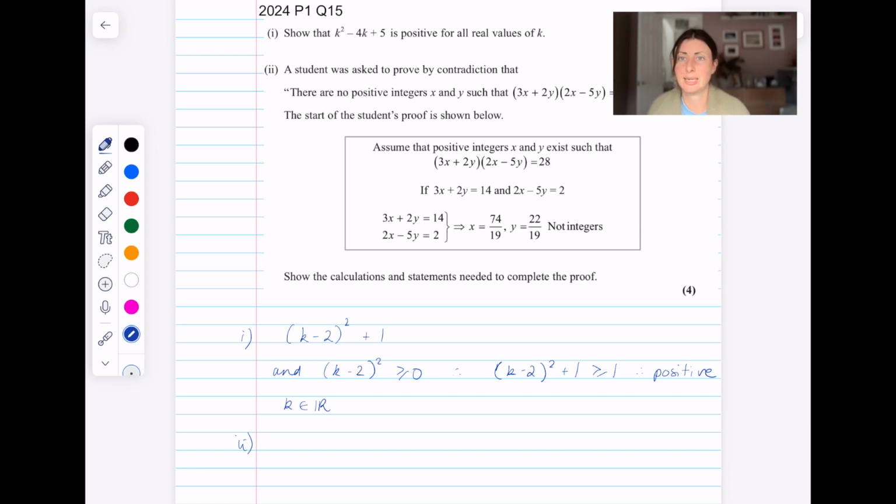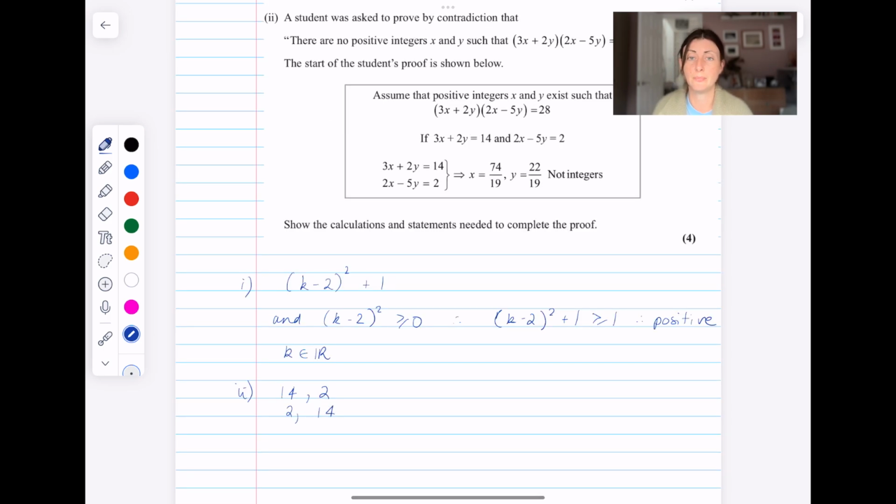So they've investigated 14 and 2. So the first thing I would do is list out all the other possible ways of getting 28. So we've got 2, 14, 1, 28, 28, 1, 4, 7 and 7, 4.